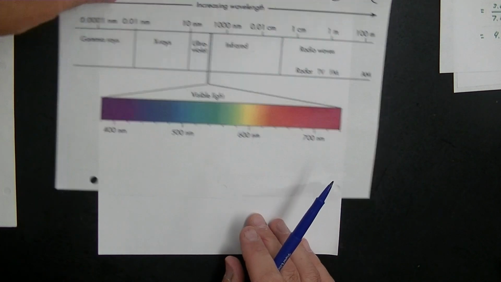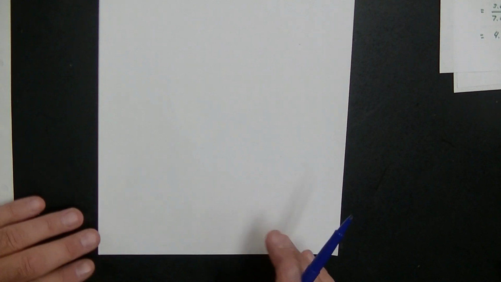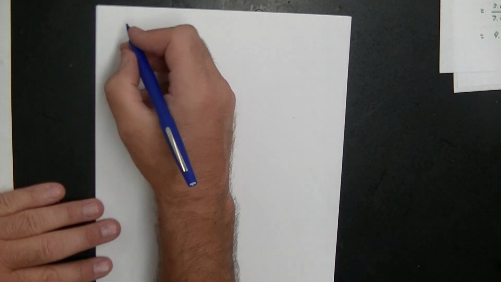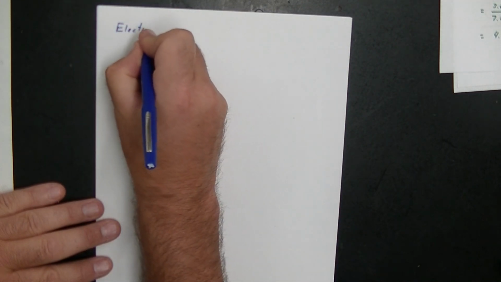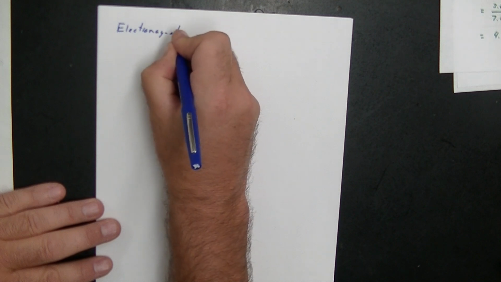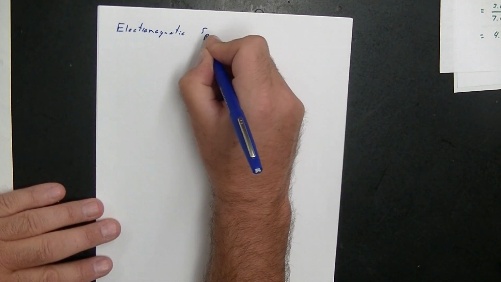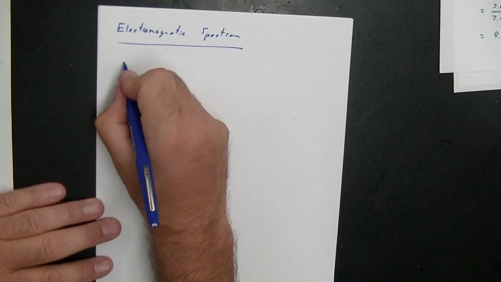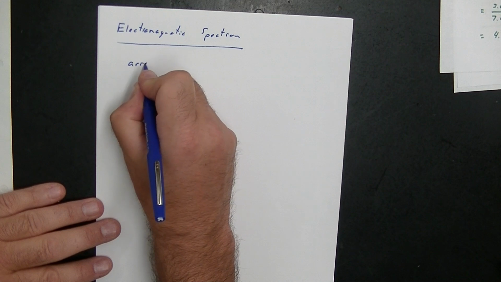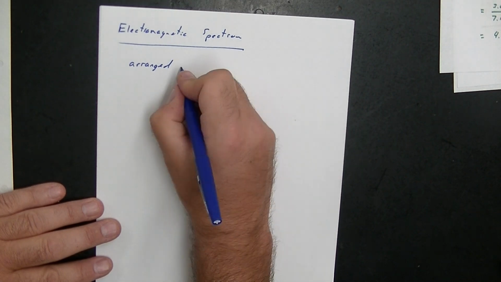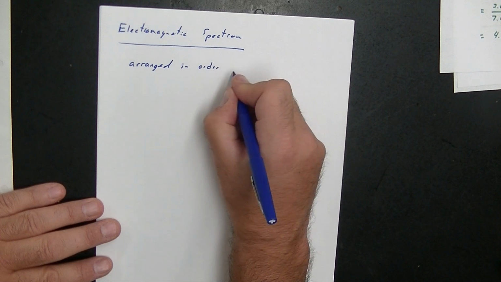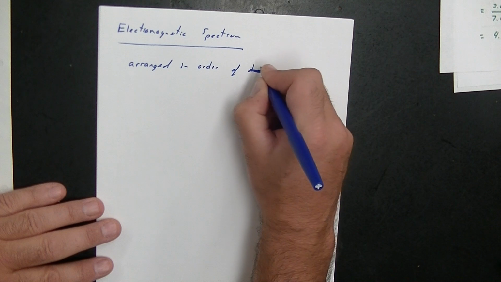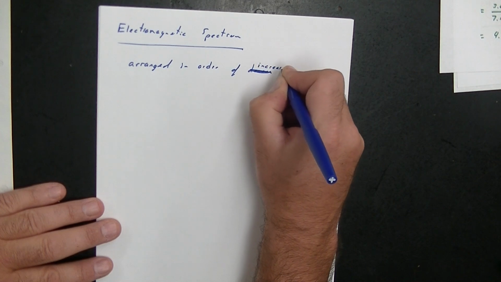So let's write a couple things. The electromagnetic spectrum is usually arranged in order of increasing wavelength.